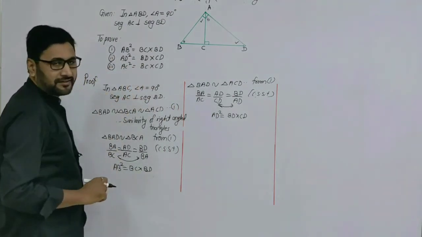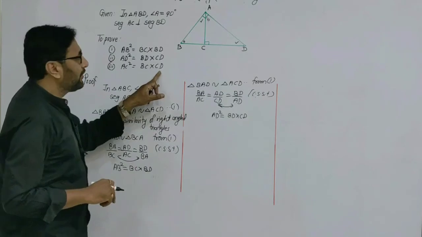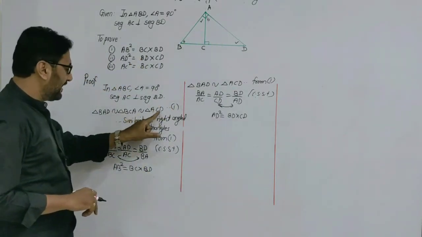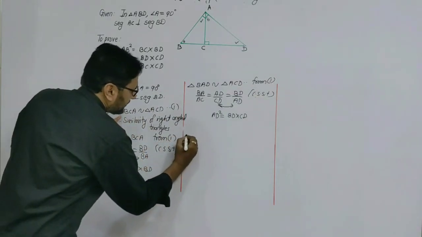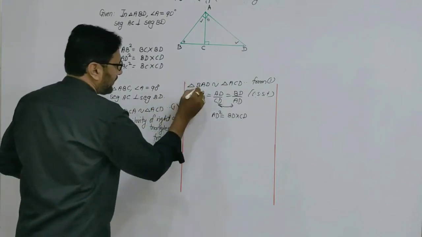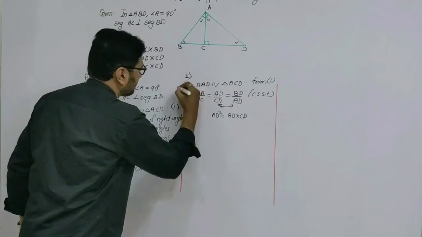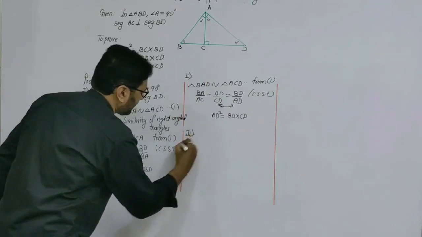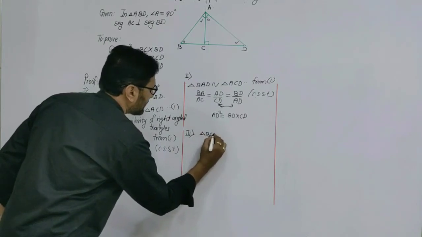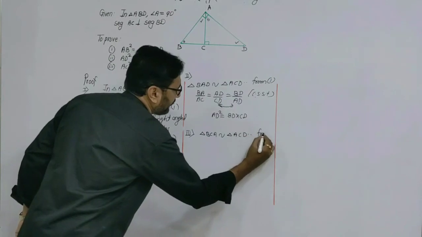This is second. And for proving AC square is equal to BC into CD, you will take these two triangles. You know, BAD, BCA, ACD. So this is the first part, this is the second part and third part. You will write triangle BCA is similar to triangle ACD from 1.